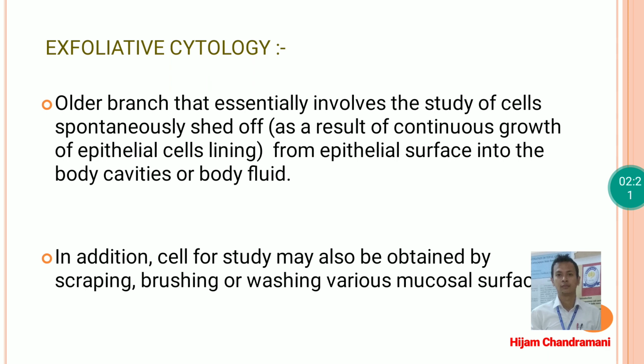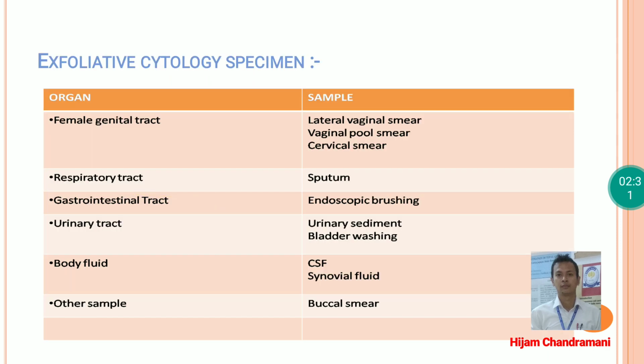The cells for the study may be obtained by scraping, brushings, and various mucosal surface samples. The exfoliative cytology specimens are obtained from the female genital tract, respiratory tract, gastrointestinal tract, urinary tract, body fluids, and other samples.